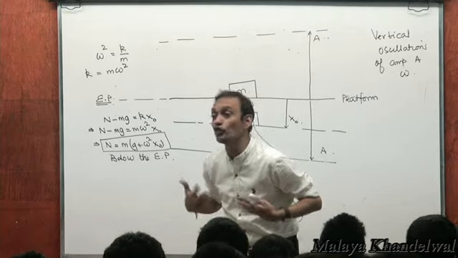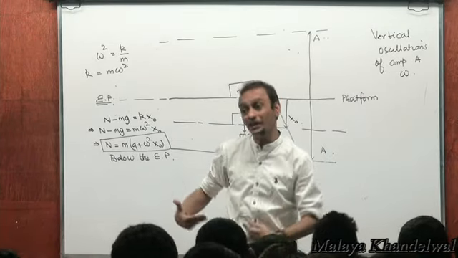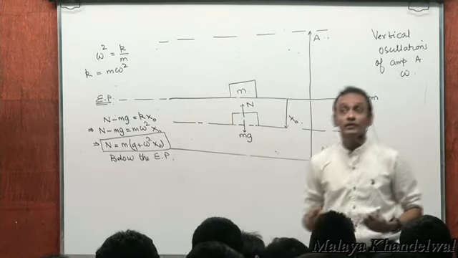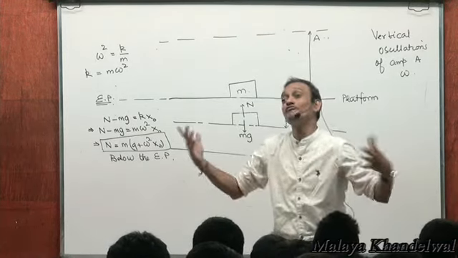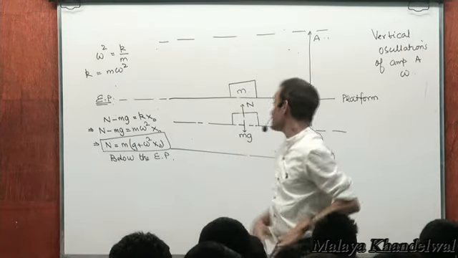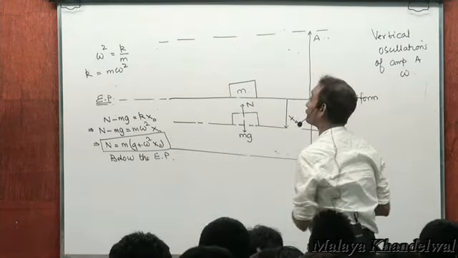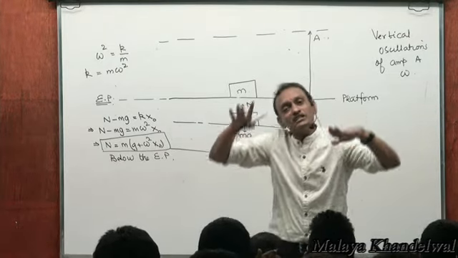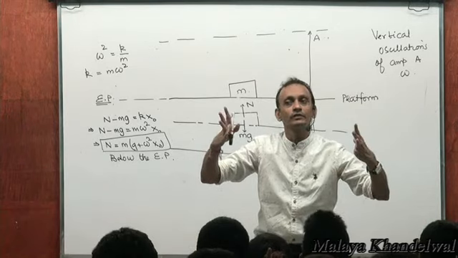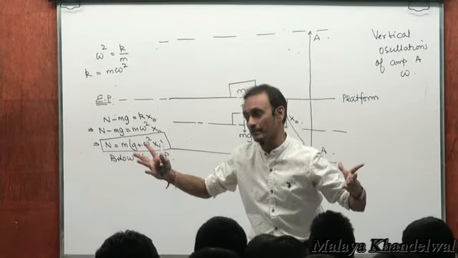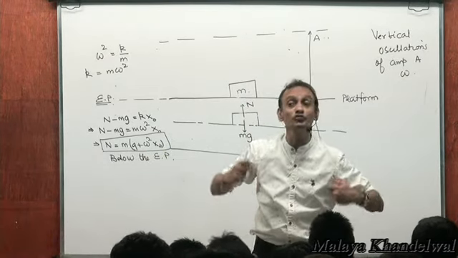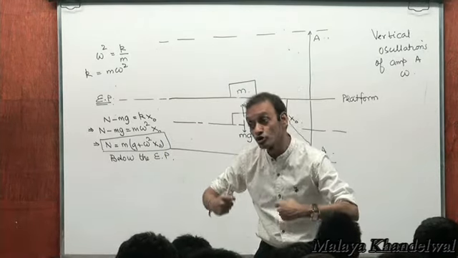What defines the state of loss of contact with the platform? N becoming 0. When N just about becomes 0, it defines the state of loss of contact with the platform. But N is never becoming 0. Since N is never becoming 0 below the mean position, all states below it, irrespective of omega and A, will be safe positions for M. Because N is not becoming 0, the particle is not vulnerable to loss of contact.